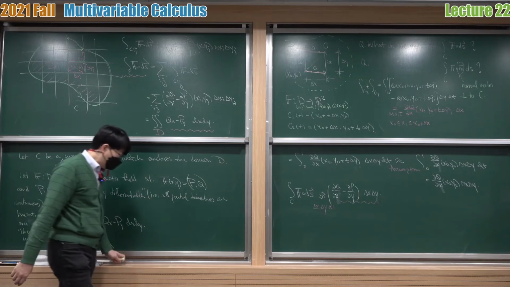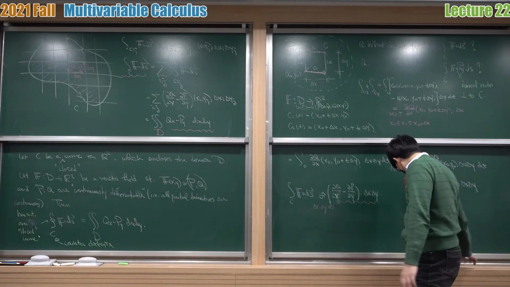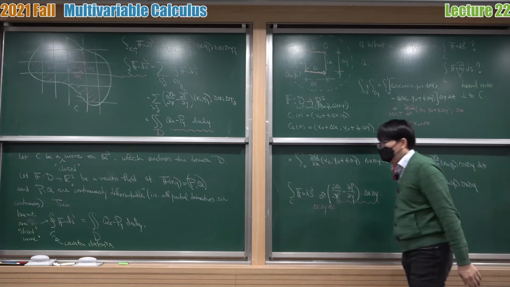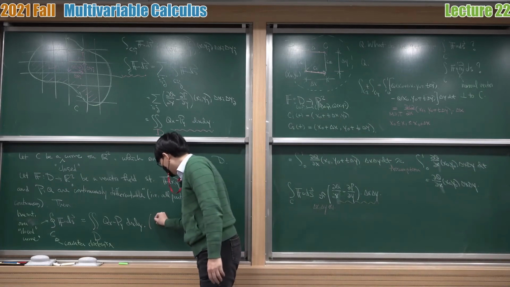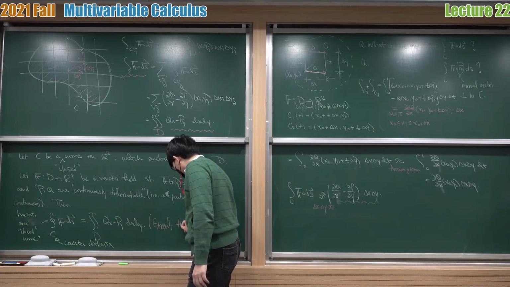So this is an abbreviation of the argument that we made, and there's a big name for this. This is called Green's theorem.